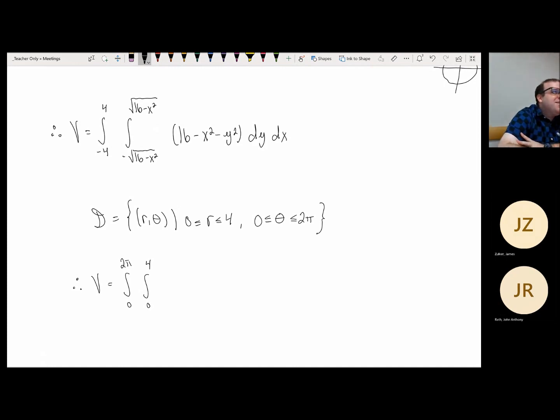You're doing too much. X squared plus y squared is r squared, right? Which you would get by replacing x with r cosine theta, y with r sine theta, and then simplifying. Just 16 minus r squared.